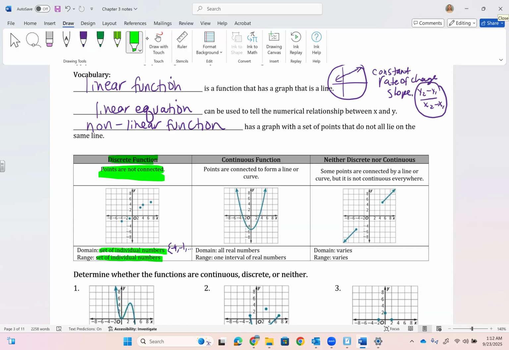Now on this one, if this is continuous, it means you can draw the whole graph without picking up your pencil. Okay, so you would start here and you could go forever to draw your graph. And the domain, you would not want to list those out because there's infinitely many points on this graph.